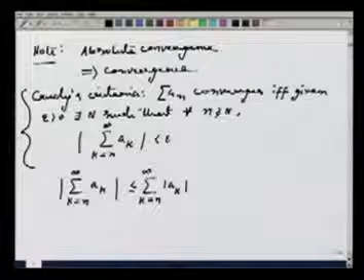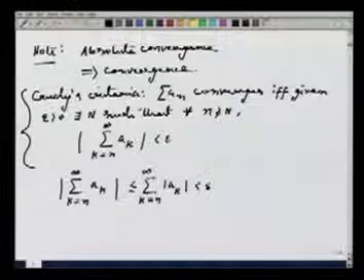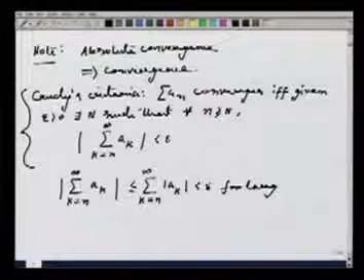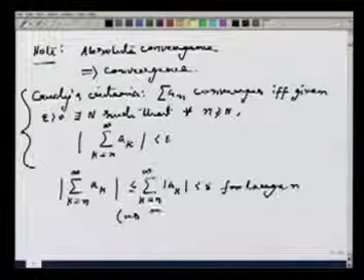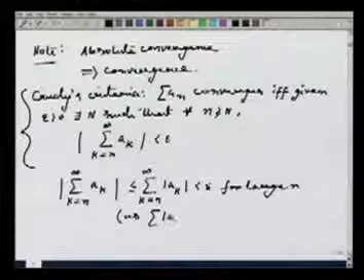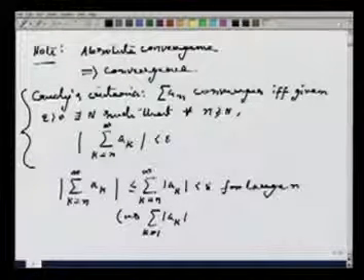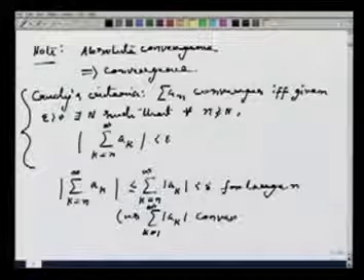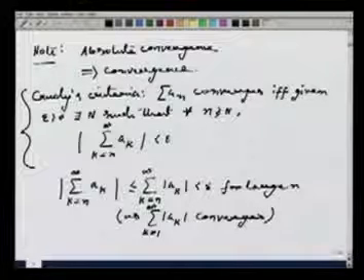Now I know that this can be made less than epsilon for large n as this converges, and hence the first quantity is also less than epsilon.